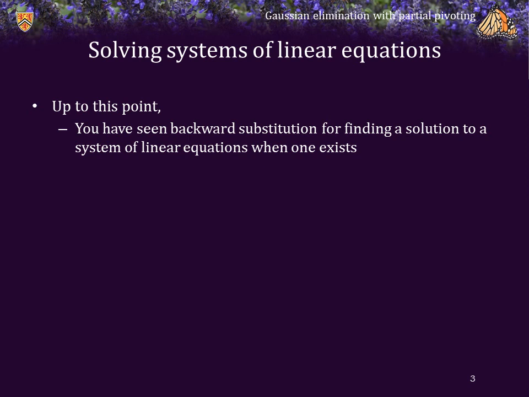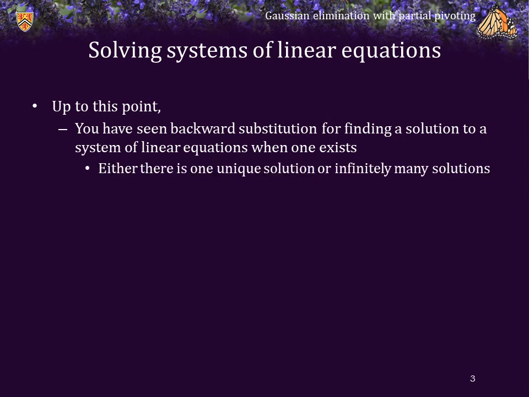Now, up to this point, you have seen how backward substitution can be used for finding a solution to a system of linear equations when one exists. That is, of course, if the system of linear equations is in row echelon form. Now, you know that there may be either one unique solution or infinitely many solutions if a solution does exist.